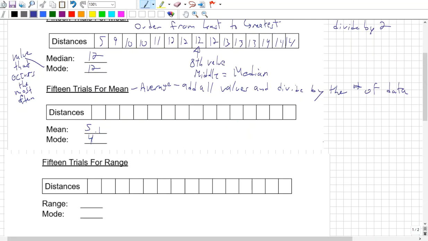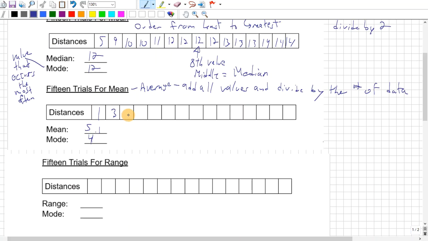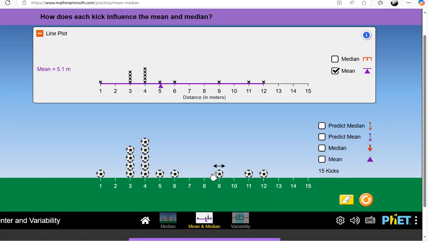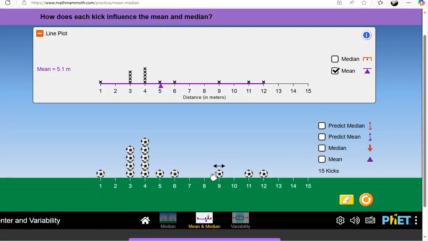And of course, we could write in all the sets of data above. So I had 1, 1. I have 4 3s. 5 4s. 5, 6, 9, 11, 12.